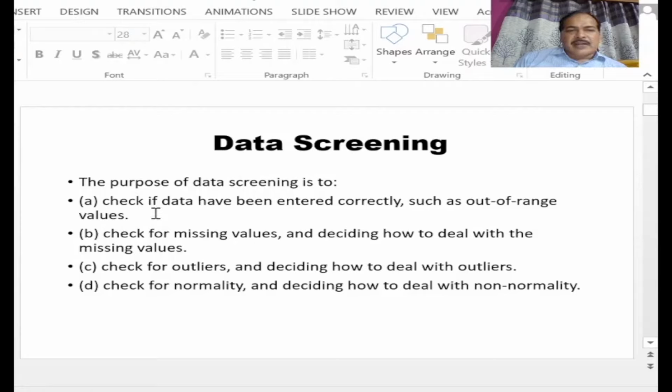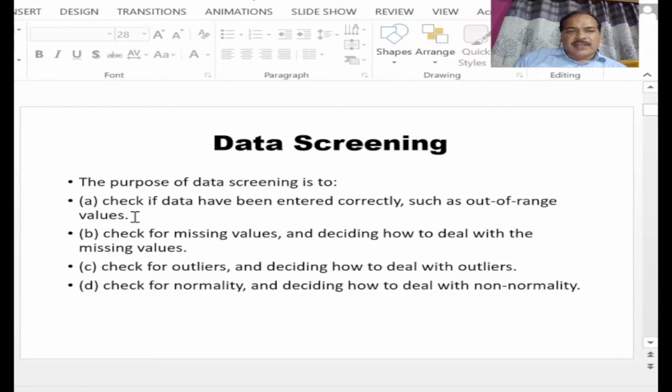Another part concerned with the data screening is to identify the missing values. Many times while entering the data, we skip boxes, and because of some error or other issues, we have missing values in the boxes.